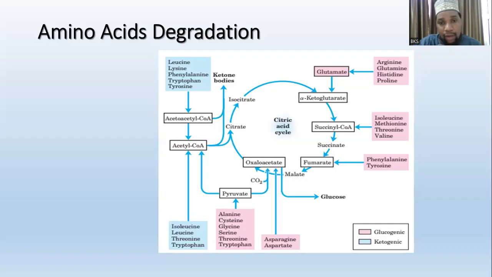Pyruvate will undergo another reaction, which is a bypass of glycolysis, because the reaction that converts phosphoenolpyruvate in glycolysis to pyruvate is an irreversible reaction. So gluconeogenesis is not a completely reverse pathway. You can see some reactions are reversible, some reactions are not reversible.